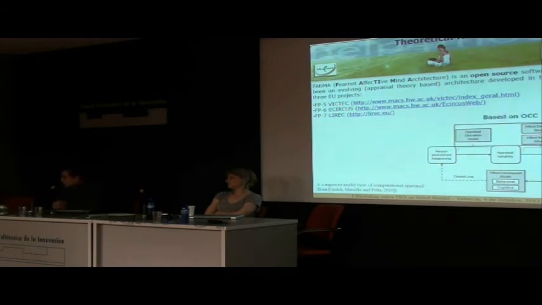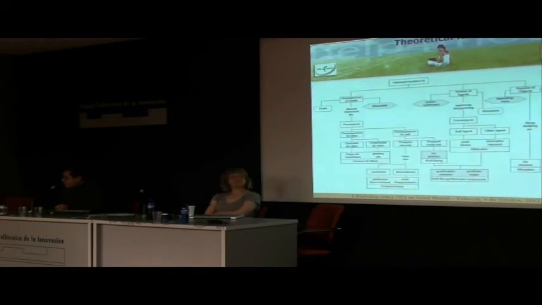The appraisal theory that is particularly implemented in this architecture is known as the OCC model. The main contribution of this OCC model is that it forms a structure of emotions according to the goals and actions of the agents that are interacting in a virtual environment.